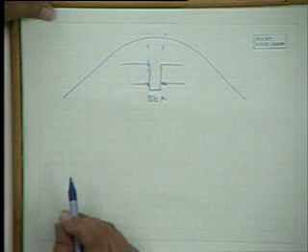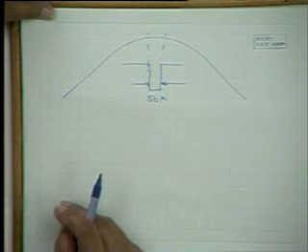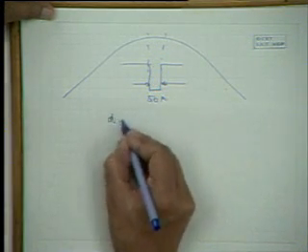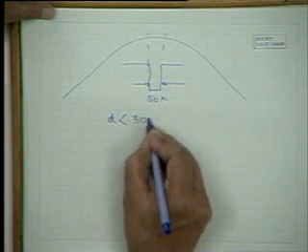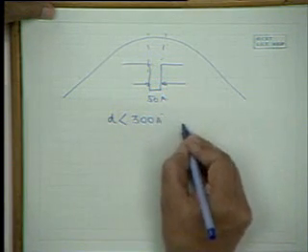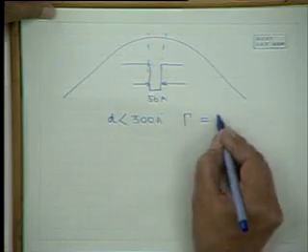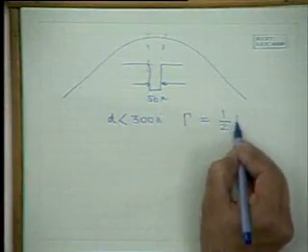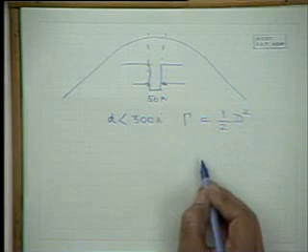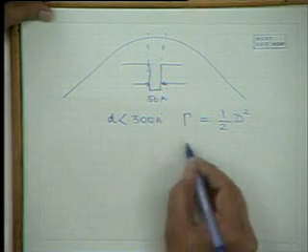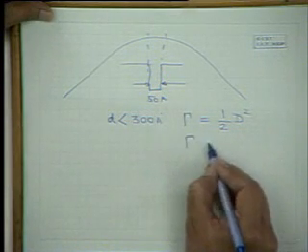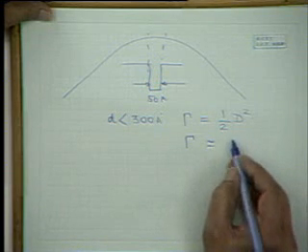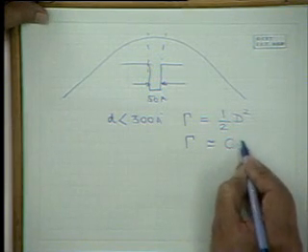This is going to be extremely small. Say for d less than 300 angstroms, there's a simple relation: from this you can see it's just a half D squared. And so gamma becomes something of the order of 0.01.